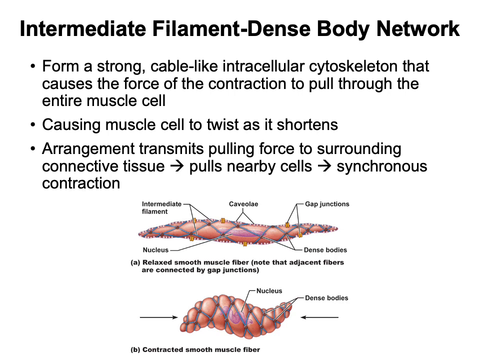The arrangement of these intermediate filaments and dense bodies transmits a pulling force to surrounding connective tissue. That surrounding connective tissue will pull on nearby cells, leading to a synchronous contraction, or a syncytial contraction. And that is where all of the individual muscle cells contract together as one.